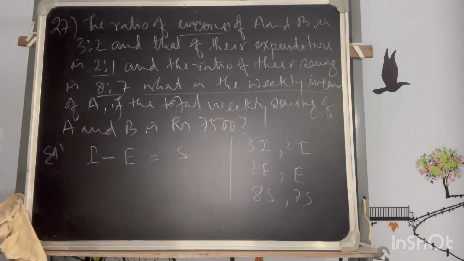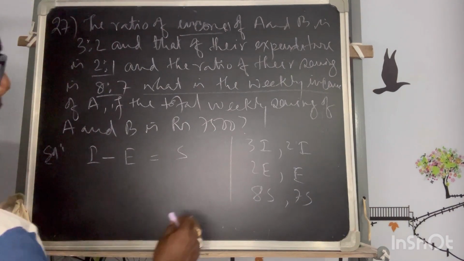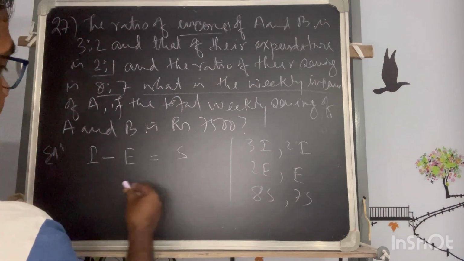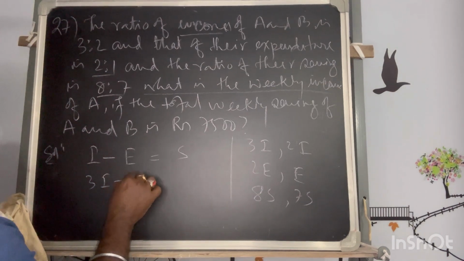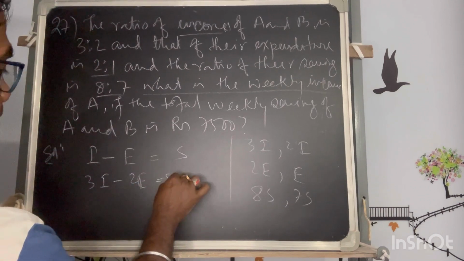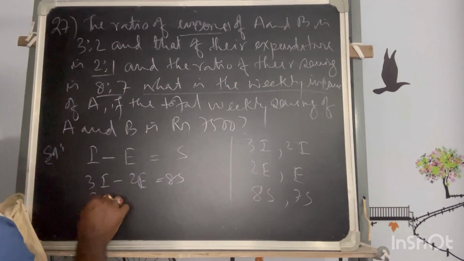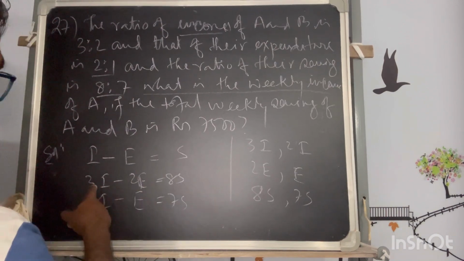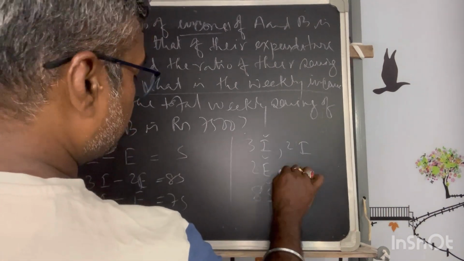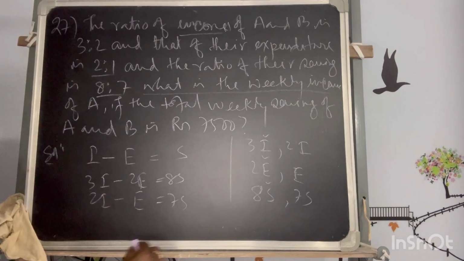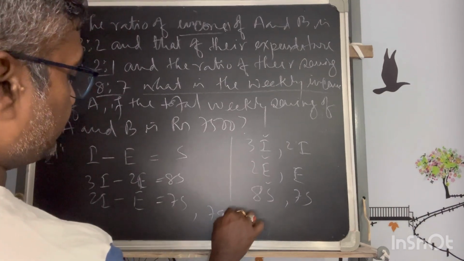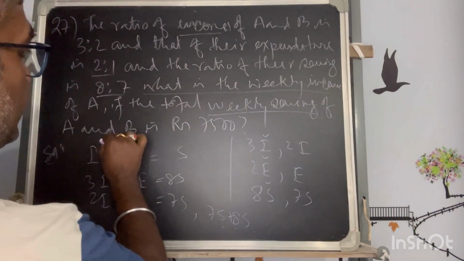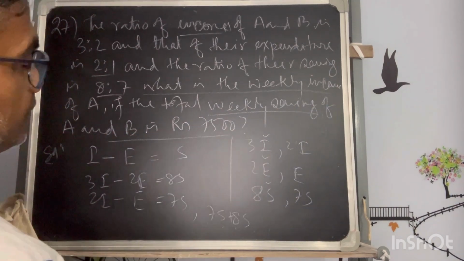Okay, so now for A it is how much? The equation will be 3i minus 2e is equal to 8s, and 2i minus e is equal to 7s. So there are three variables, 1, 2, 3. So at least you need 3 equations. Another equation is 7s plus 8s, means their weekly saving of A and B together is 7500.